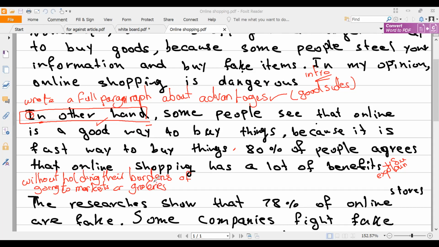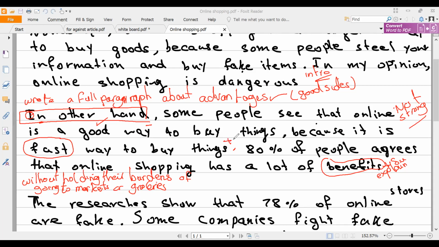Okay, so you should support these points because the way you wrote here sounds like weak support. It needs to be supported and it's not strong enough. What I mean by support: you should explain what benefits you mean, and also how it is a fast way to buy things.